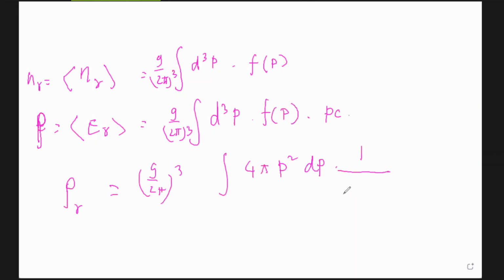For a photon, mu is 0, so it will be 1 by e to the power E by T minus 1. In natural units, k_B, the Boltzmann constant, c and the gravitational constant are all 1. So it is very simple in natural units: e to the power E by T minus 1, isn't it?